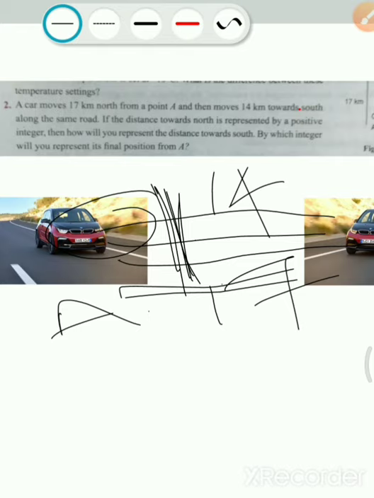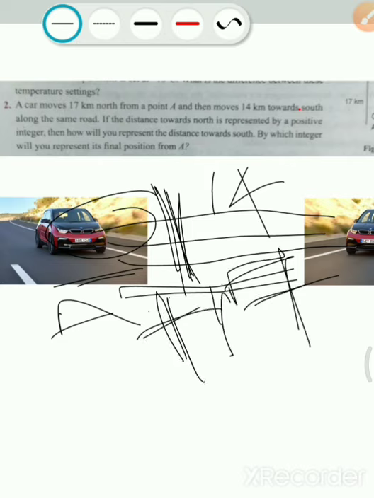If the distance towards north is represented by a positive integer, 17 represented as a positive integer, then how will you represent the distance towards south? By which integer will you represent its final position from A?